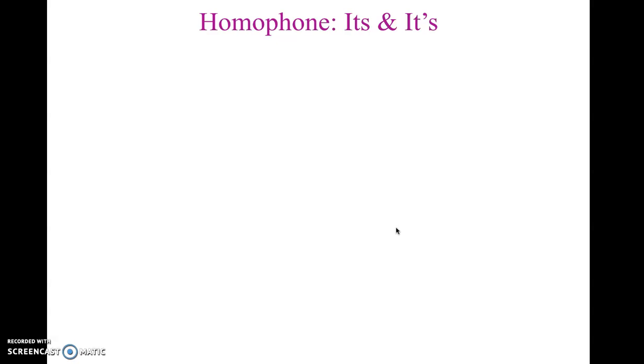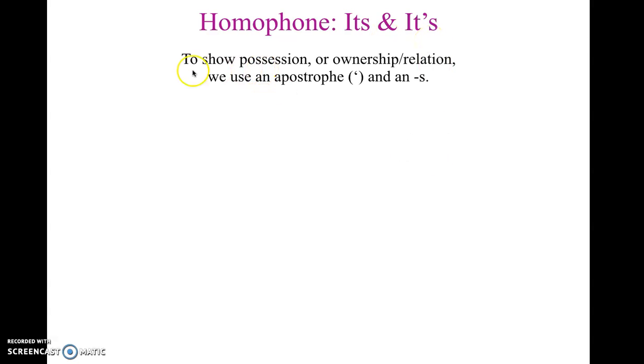Now, one specific homophone that causes people trouble for a slightly different reason is it's and its. Again, they're a homophone because they sound the same. However, this one is about possession. To show possession or ownership or relation, we use an apostrophe, just like in a contraction, and an S. Okay?